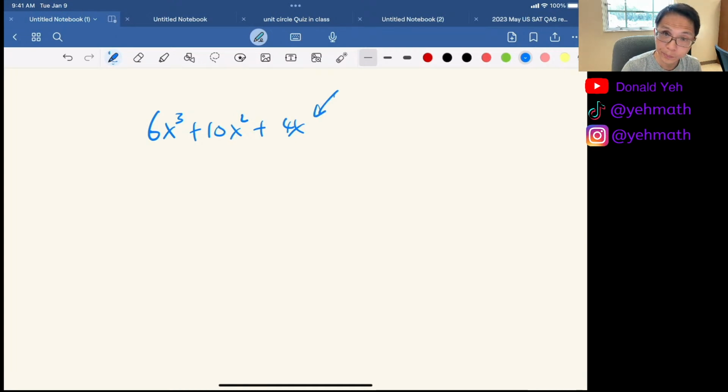Otherwise, it's not possible. Sorry, the last term is 4x. Just make sure you change that.